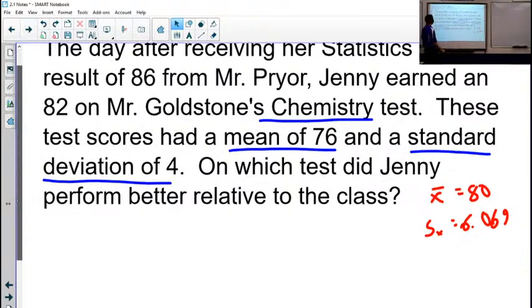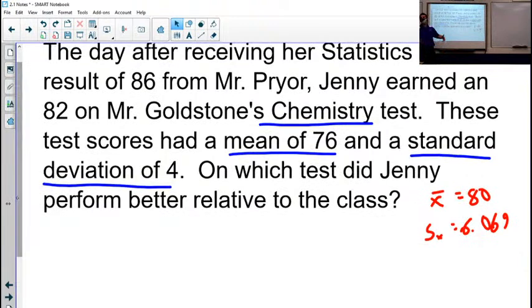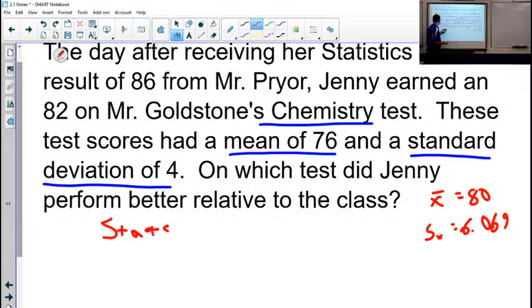And so what we're going to do is use z-scores to make a comparison to say how good is the 86 on the statistics test versus the 82 on the chemistry test. How good are those in comparison to each other? So we'll start with stats because it's better.